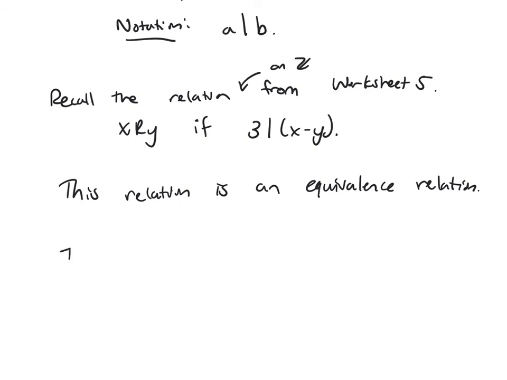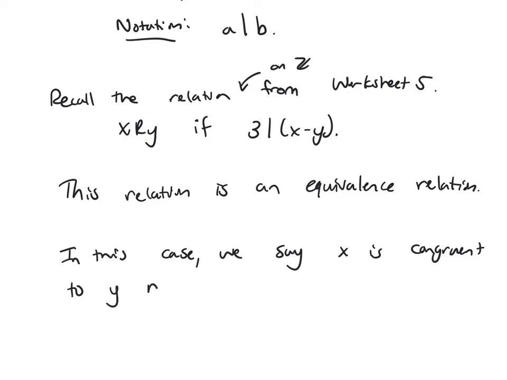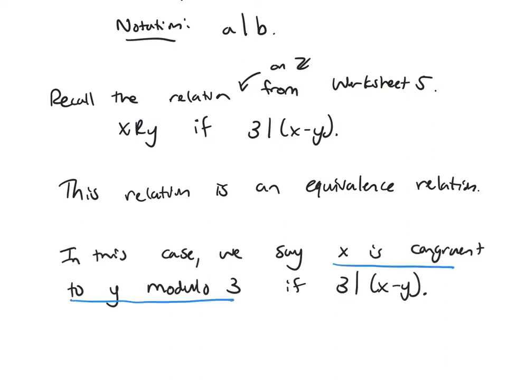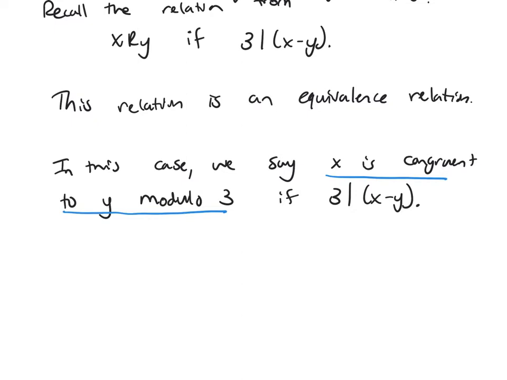So in this case, we say X is congruent to Y modulo 3 if 3 divides X minus Y. The notation we would use here is X and then 3 lines: X is congruent to Y mod 3, modulo 3.